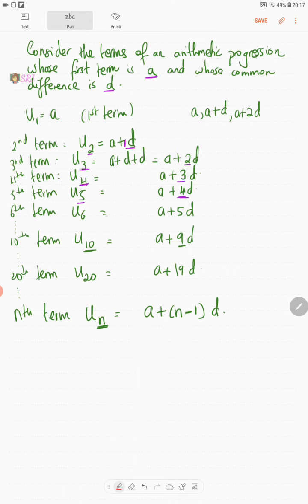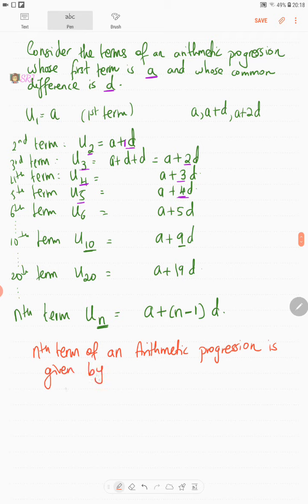Therefore, the nth term of an arithmetic progression is given by un is equal to a plus n minus 1 d.